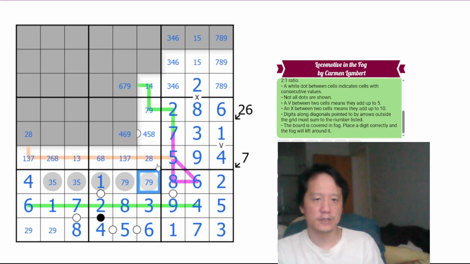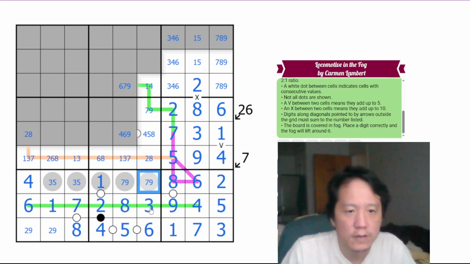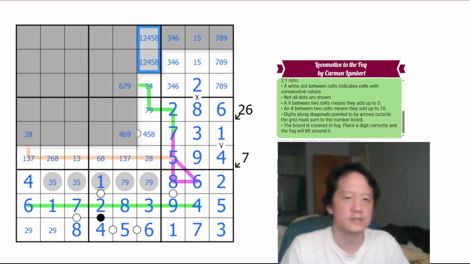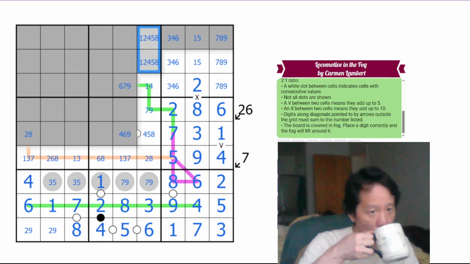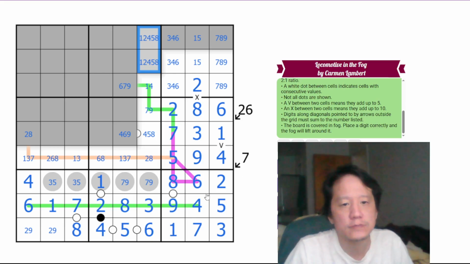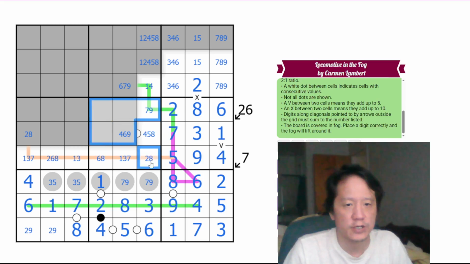What else are we missing? Remaining digits in column 6 cannot be 7 or 9, so it could be 1, 2, 4, 5, 8. That seems fine. Okay, where can the 2 be in the central box?